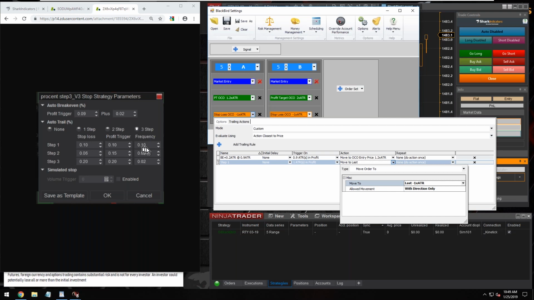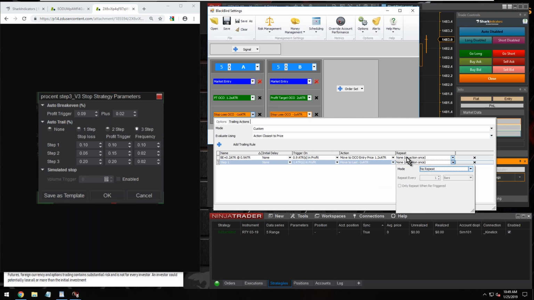Now we need to set the frequency up. So the frequency, how often does our stop loss move? It moves every 1 ATR in profit, right? So again, we're converting this 0.1% into 1 ATR. So that is where the repeat, right?